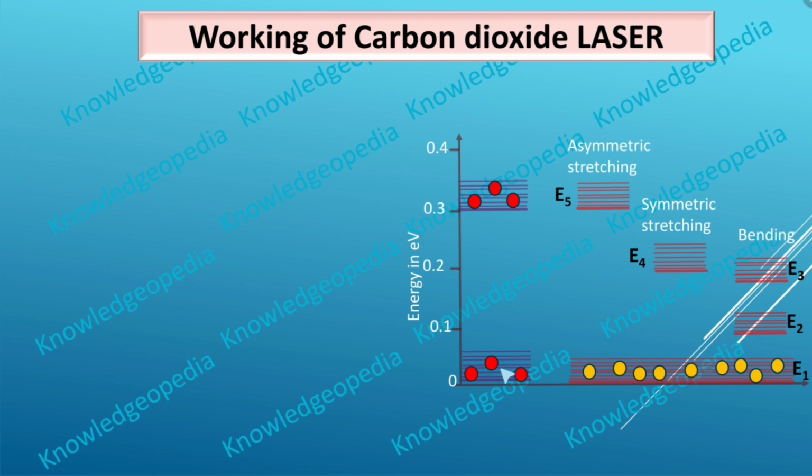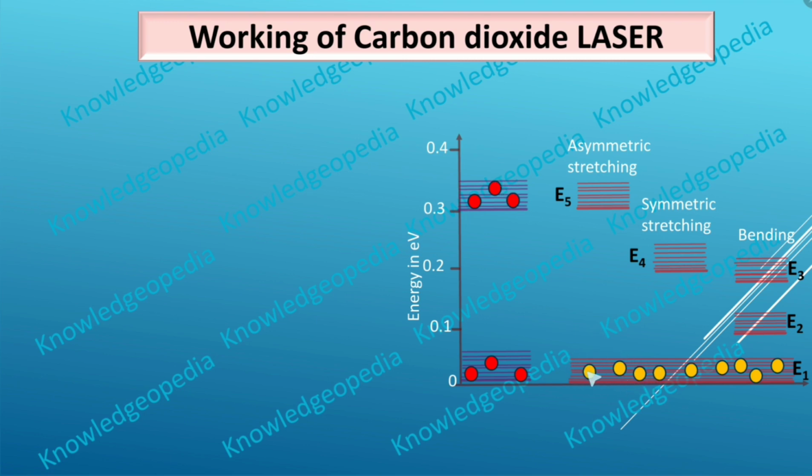Till now we have seen that because of the collision with the electrons, the nitrogen molecules are excited to the higher energy state, which is almost at the same level as E5 of the carbon dioxide molecule. There is a chance that these excited nitrogen molecules will collide with the carbon dioxide molecules which are sitting at this ground state.